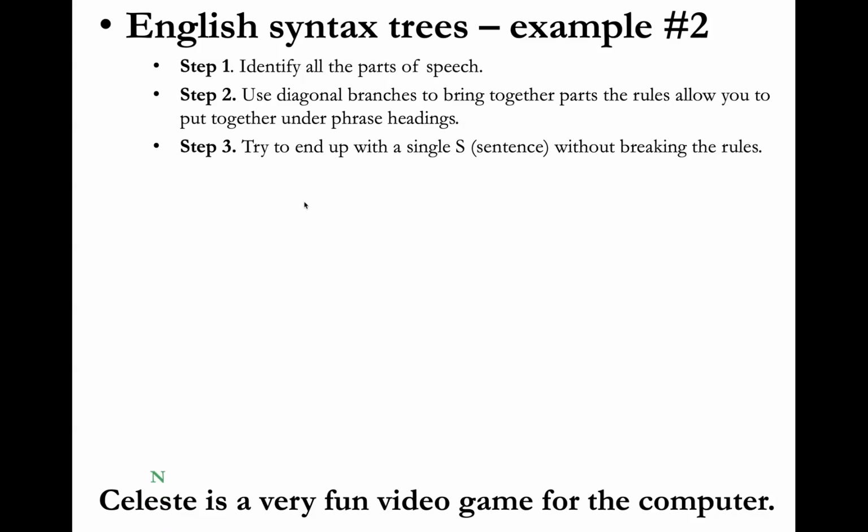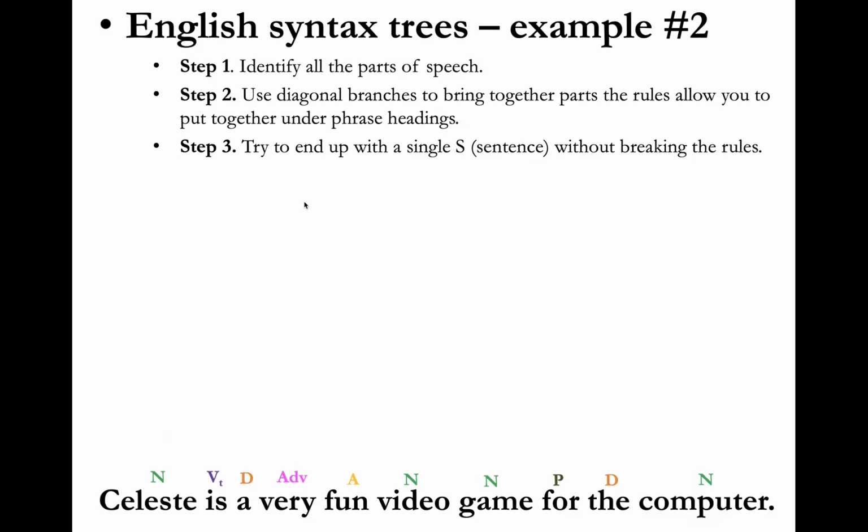So Celeste, noun, is, well, I see video game is the noun there, so I already know that this is probably a transitive verb. So transitive verb, determiner, adverb, adjective, fun, video game, both nouns, for a preposition, the determiner, computer, noun. All right, I figured that out.